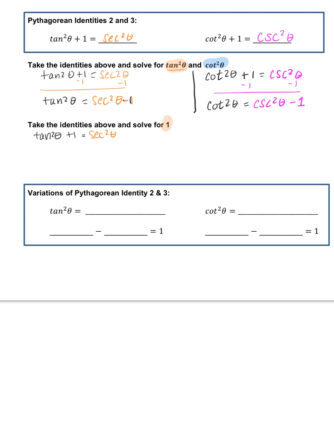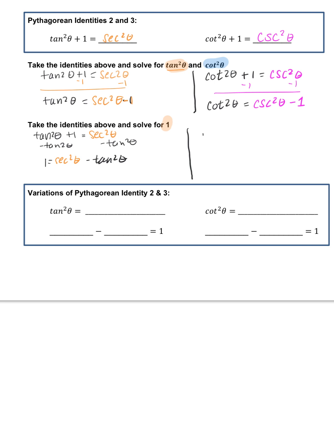So I'm going to subtract tangent squared theta from both sides. So I get 1 equals secant squared theta minus tangent squared theta. Now, you cannot change this order around, as in secant must come first, then minus the tangent squared theta. Subtraction is not commutative. Okay, so let's do the next one.